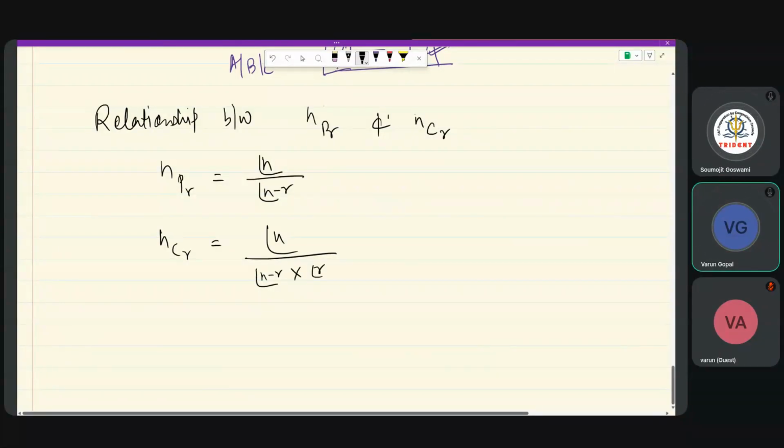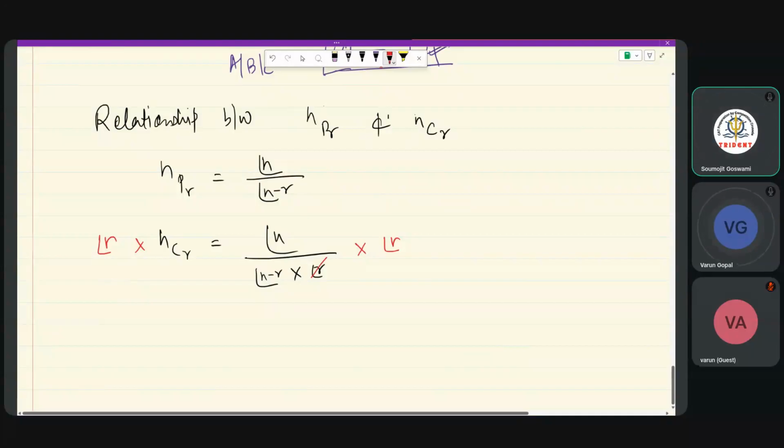Just see by observation, you yourself will realize that NCR has this extra factorial r in it. So suppose I multiply a factorial r in the RHS, I should ideally multiply an extra factorial r in the LHS also, just to keep the expression the same.